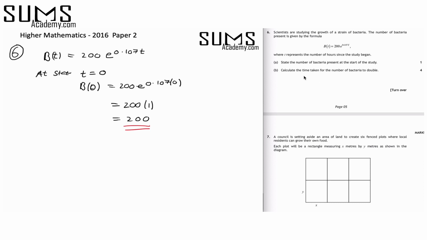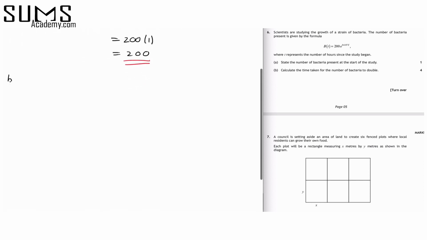Now it's saying calculate the time taken for the number of bacteria to double, so part B. If we know that the initial number of bacteria is 200, then the time it's going to take to double will be when it reaches 400.